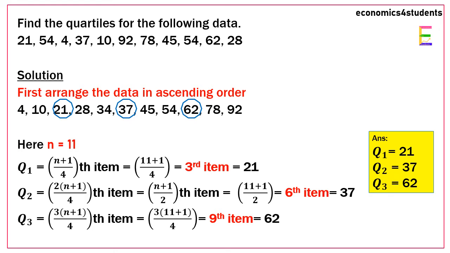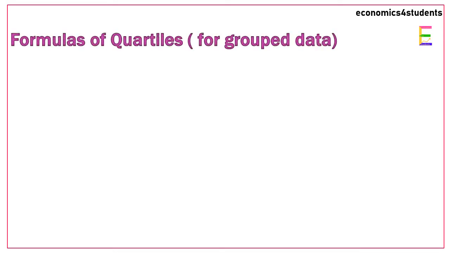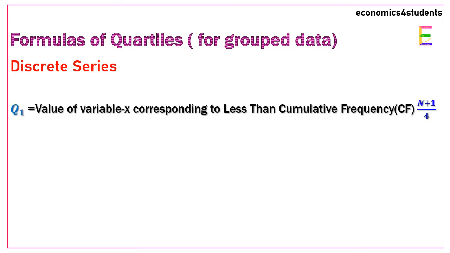Next, we will learn the formulas of quartiles for grouped data. In grouped data, first we will discuss discrete series. For discrete series, Q1 is equal to the value of variable x corresponding to less than cumulative frequency (N plus 1) by 4.